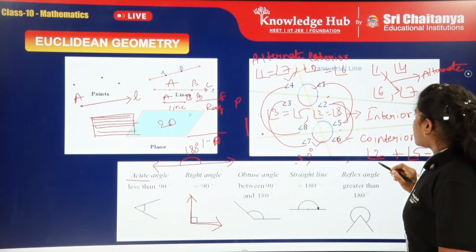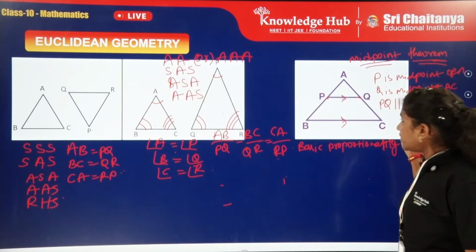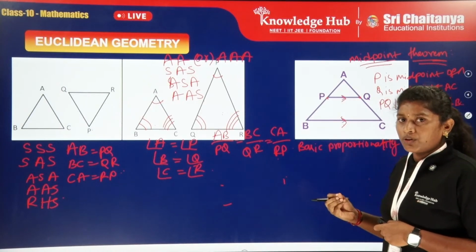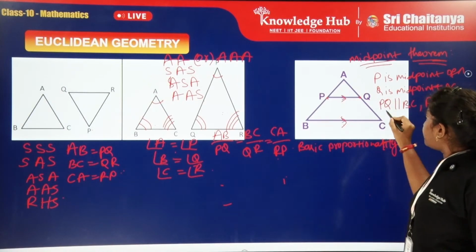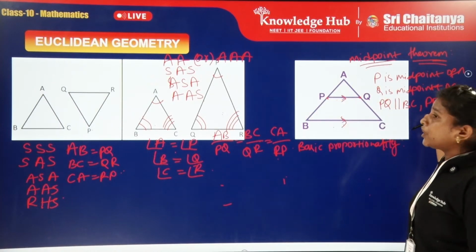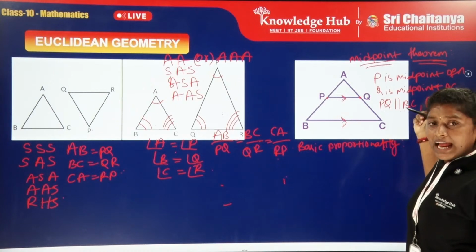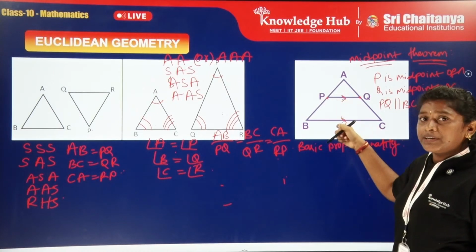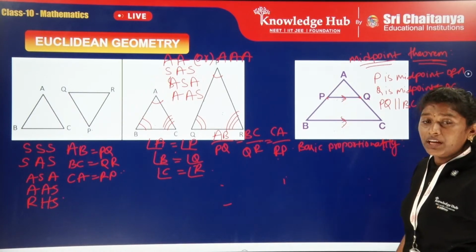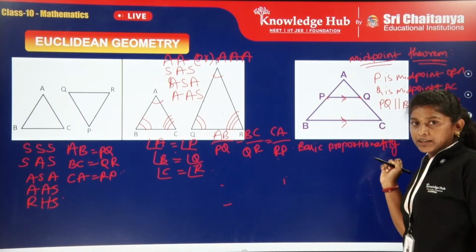We can also rearrange the theorem: if they give that the line is parallel to BC, you can apply PQ equals half of BC, and if they give that PQ is half of BC, you can consider that PQ will be parallel to BC.